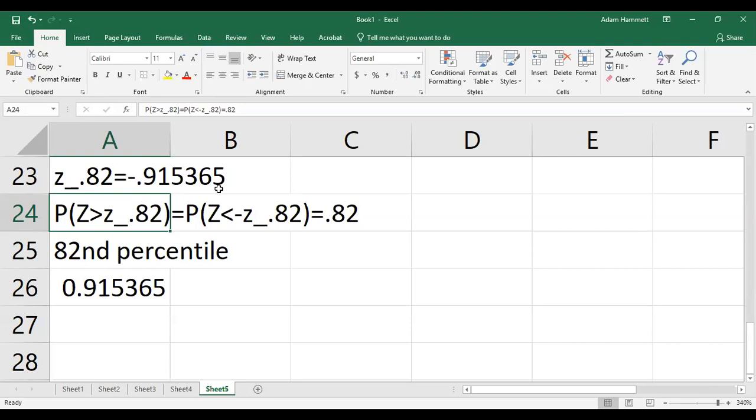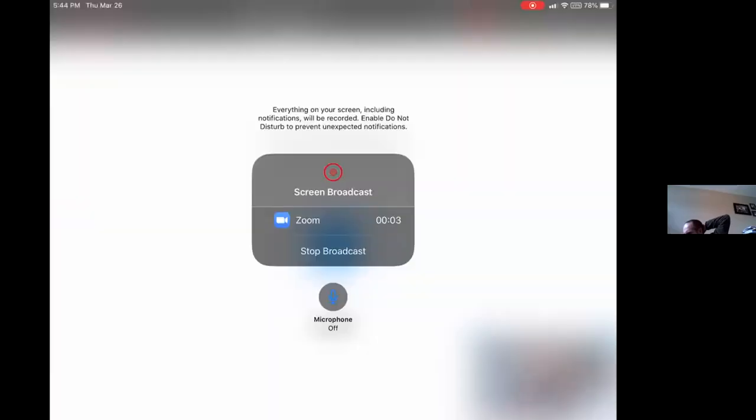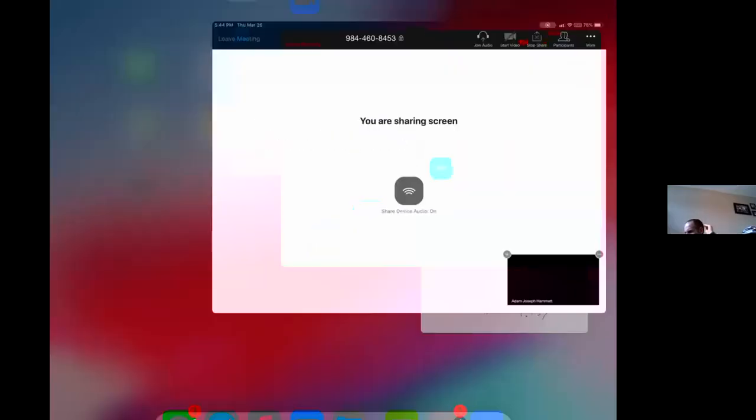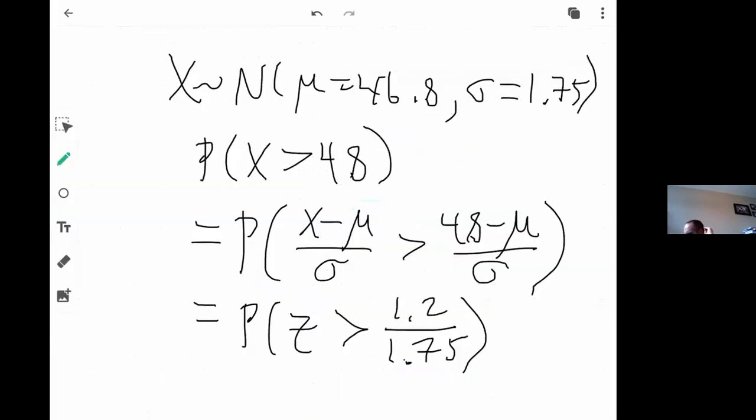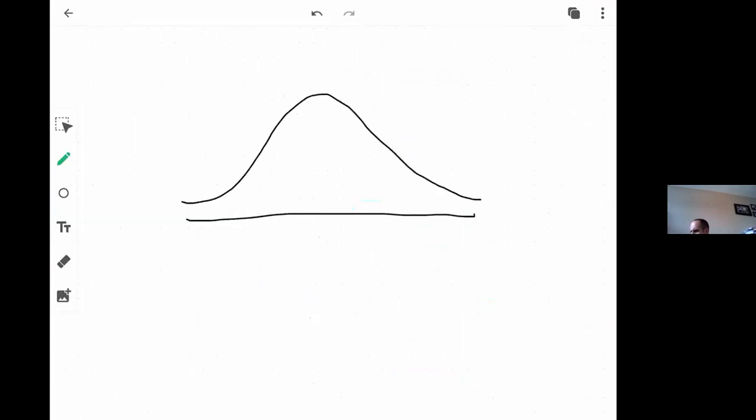Here, I'll go over here and show you a little picture of what's going on. Z sub 0.82: remember, 0 is right in the middle, and Z is the standard normal distribution.